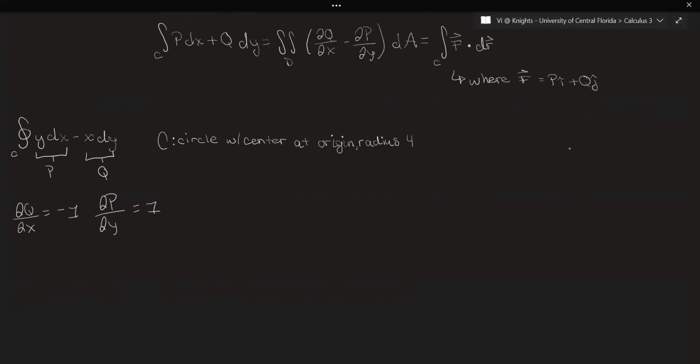And so basically you're plugging them back into the formula. So you take -1 minus 1 dA, and that basically gives you -2 dA.